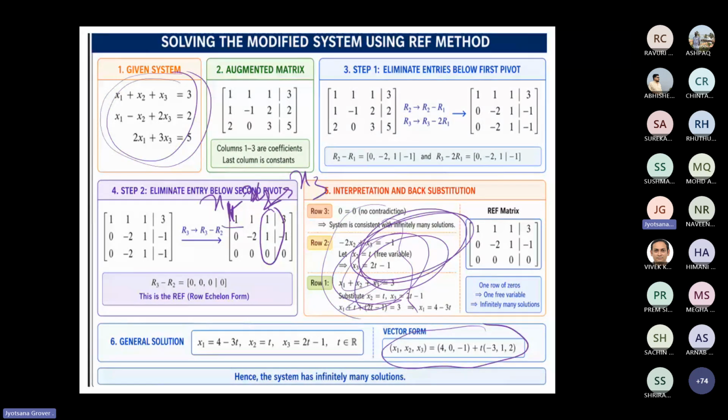So from these equations, you'll have x1 plus x2 plus x3 is equal to 3. Then minus 2x1 plus x2 is equal to minus 1.